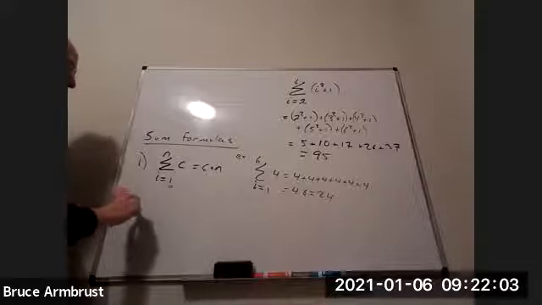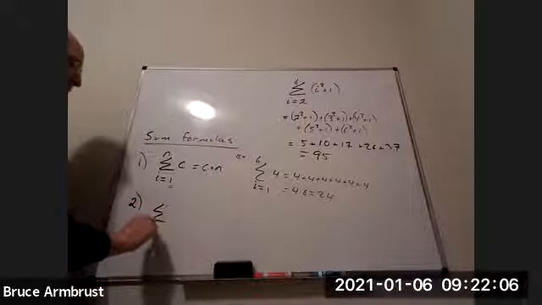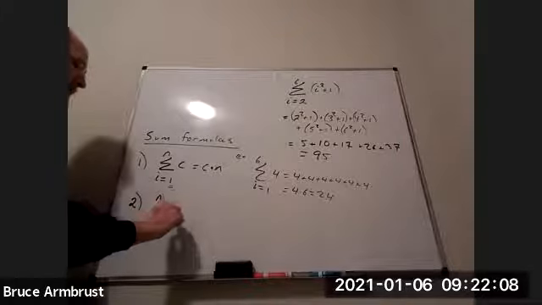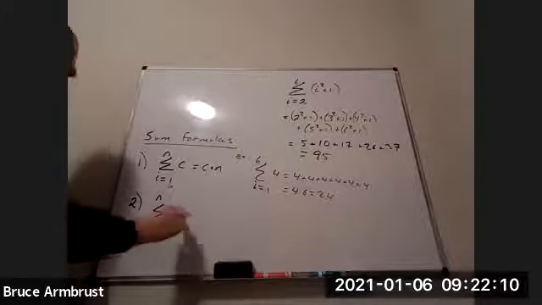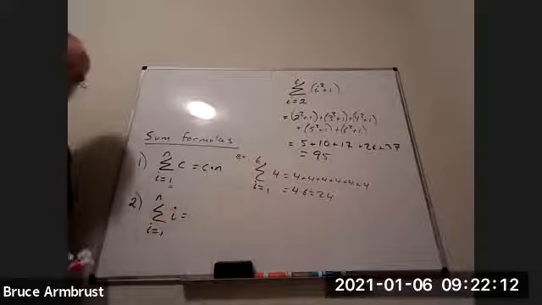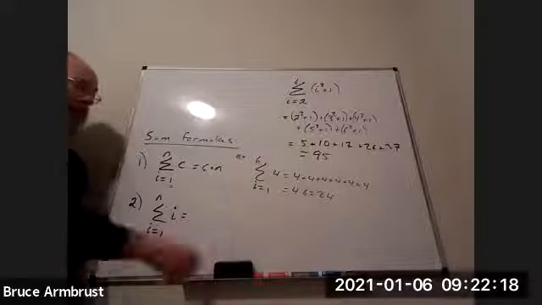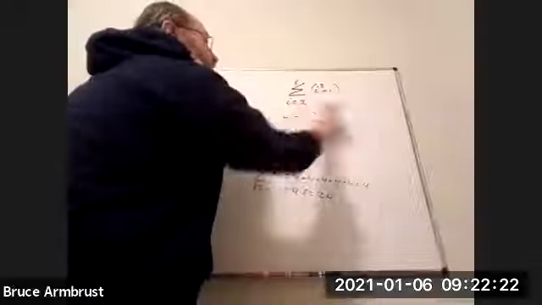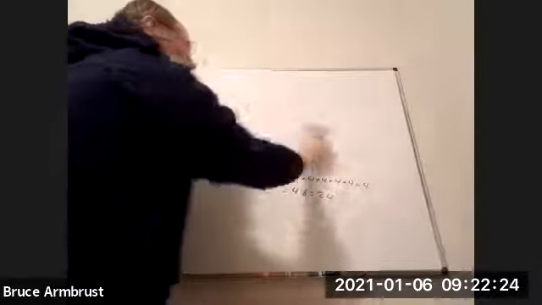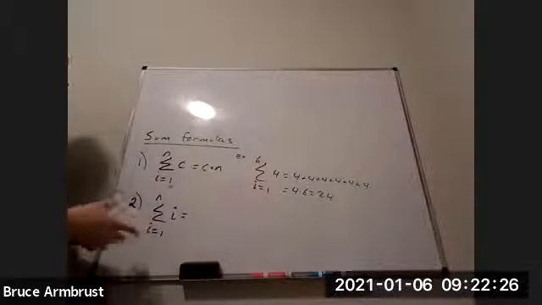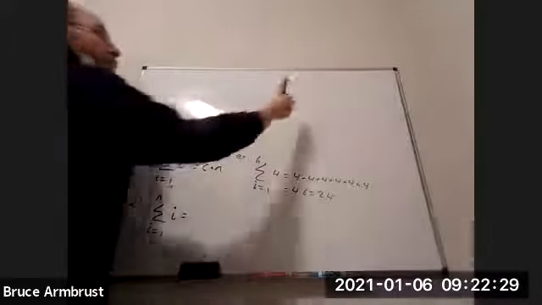All right, here's the next one. What do you get if you add up i's? Is it 1? Well, it starts as 1. Think about what this means. Let me write out the first few terms for you.